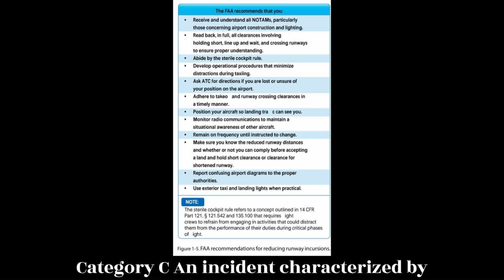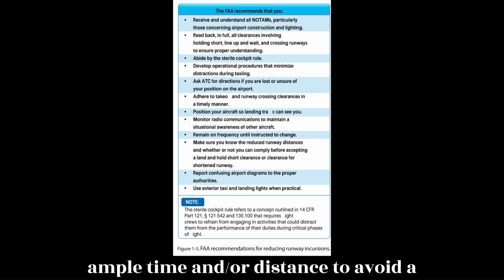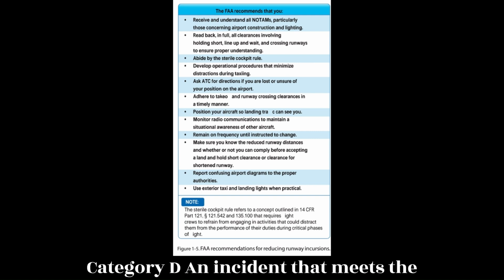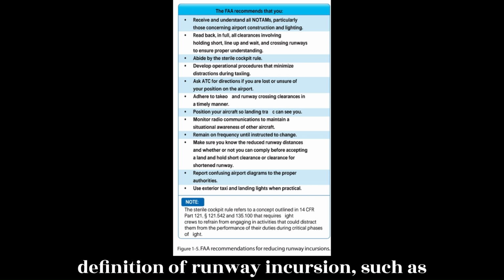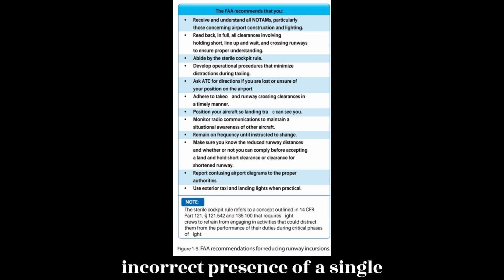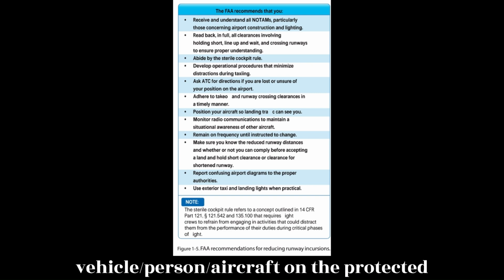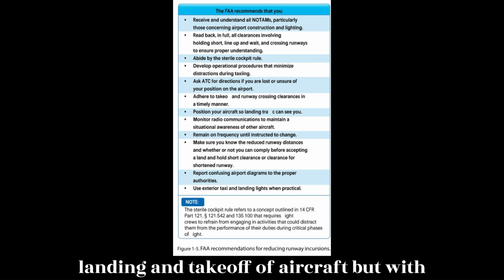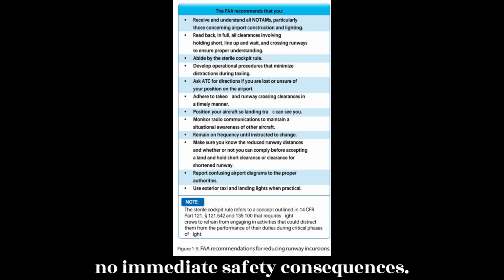Category C: an incident characterized by ample time and/or distance to avoid a collision. 4. Category D: an incident that meets the definition of runway incursion, such as incorrect presence of a single vehicle/person/aircraft on the protected area of a surface designated for the landing and takeoff of aircraft but with no immediate safety consequences.